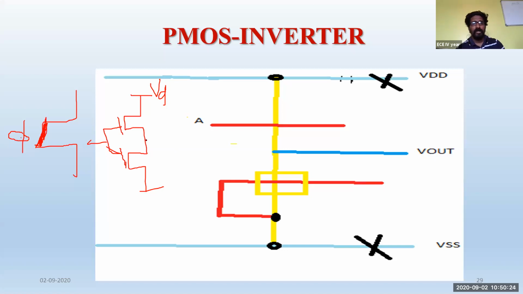This is the inverter, and this is your output terminal. So this is your PMOS. In order to make it a PMOS depleted inverter, this entire part will be replaced with the depleted PMOS transistor. The same thing happens for all kinds of N blocks.